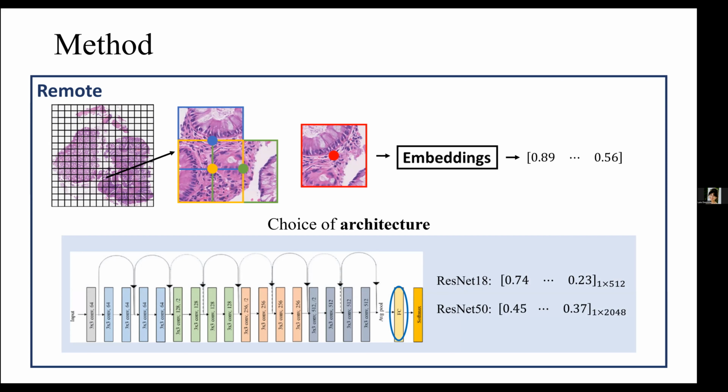In our work, we tried with different depths of ResNet, so ResNet 18 and ResNet 50, and you see that they yield different length of features already, 512 and 2048 features, and they will be very different because of the number of operations they go through.